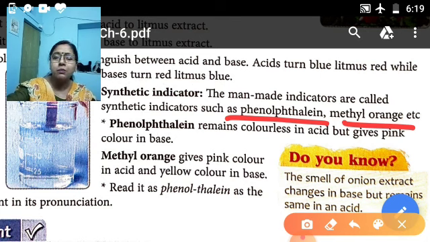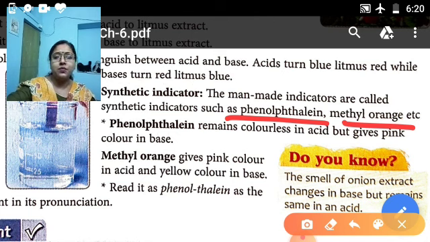So when we put phenolphthalein in acid, it just remains colorless. But when we put some base in phenolphthalein, then it changes into pink color. So phenolphthalein only reacts with base, and methyl orange gives pink color in acid and yellow color in base. So methyl orange changes into pink in acid but remains yellow in base.